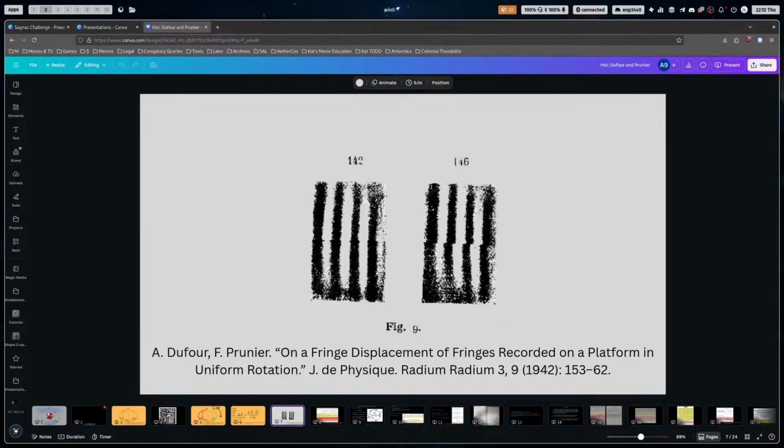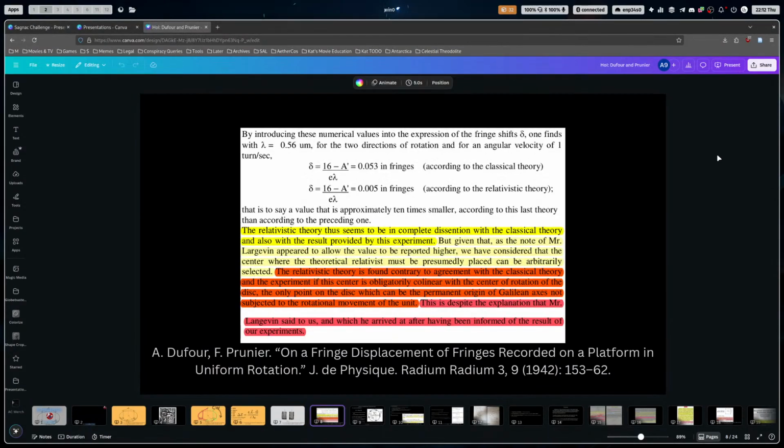We'll continue moving on here. So we're going to look at the fringe pattern measured on the lab wall and on the rotating turntable. They both measure the exact same thing. And this leads to the problem where relativity theory predicts that they should measure no fringe.